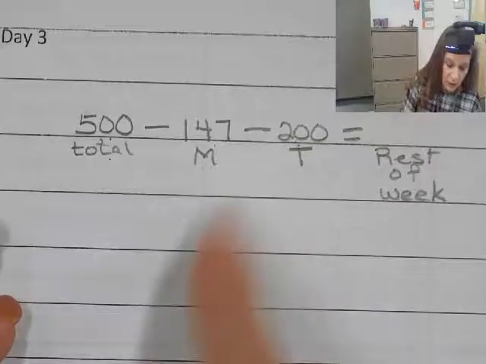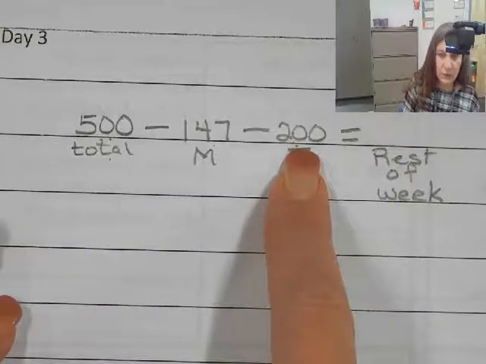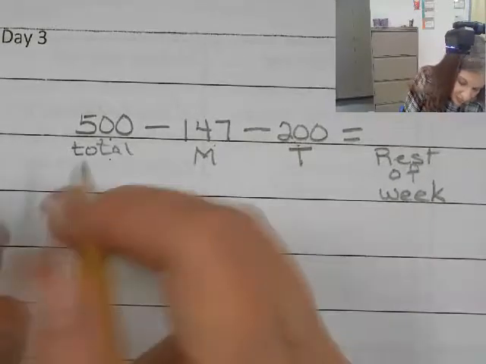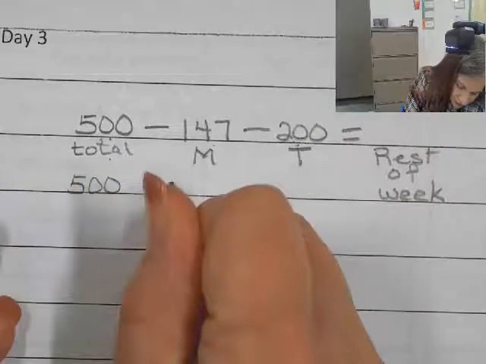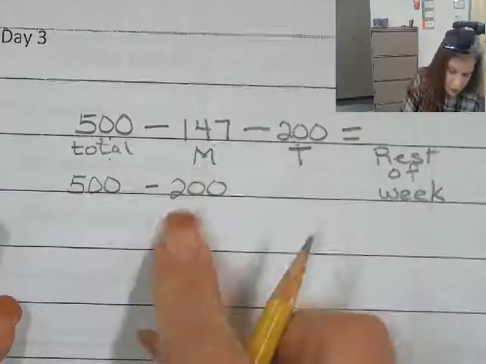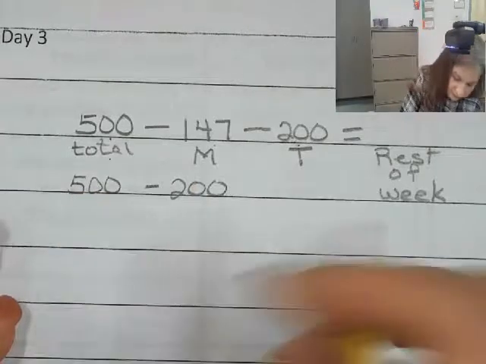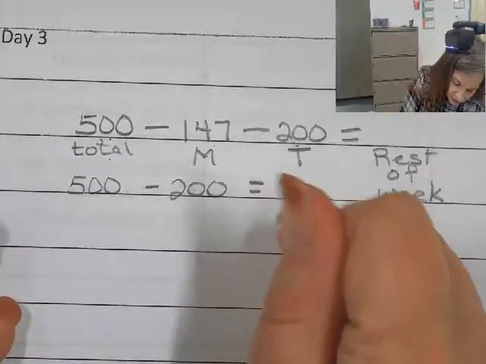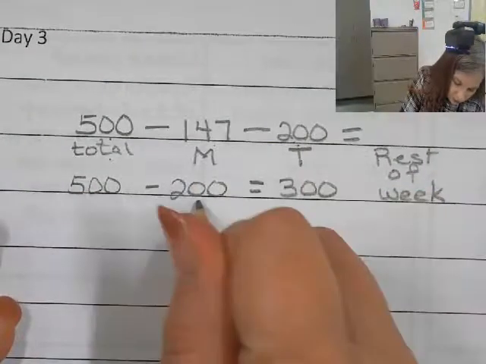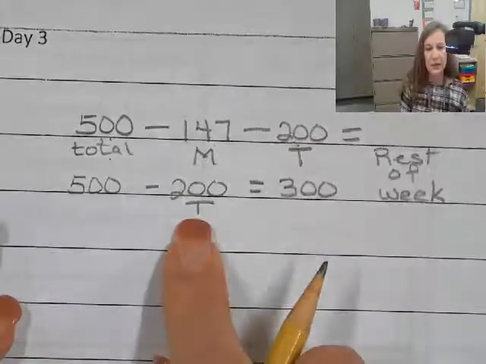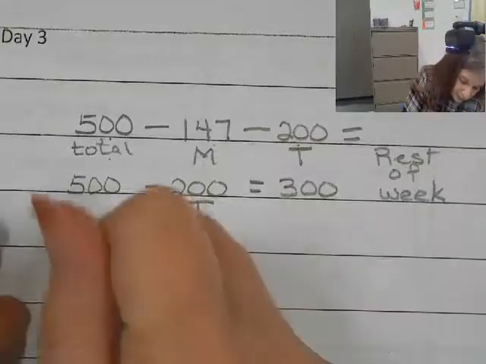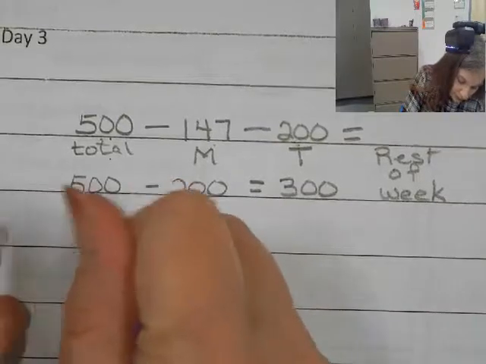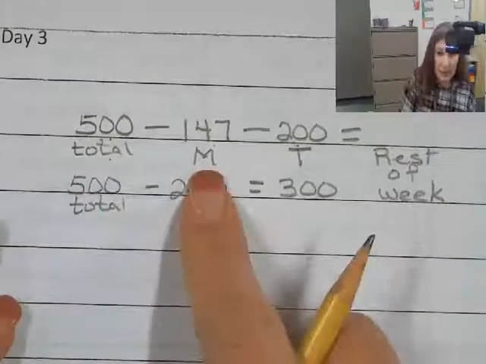So I want to subtract parts away from the total because for me, it's easier to say 500 minus 200. I'm going to subtract that very easily from 500, which is going to leave me with 300. So far I've subtracted Tuesday, and I label that because I want to remember what it stands for. Now I need to subtract Monday's part.